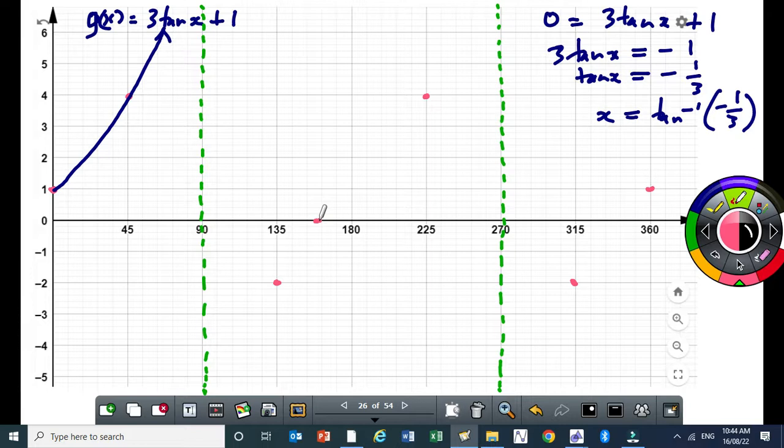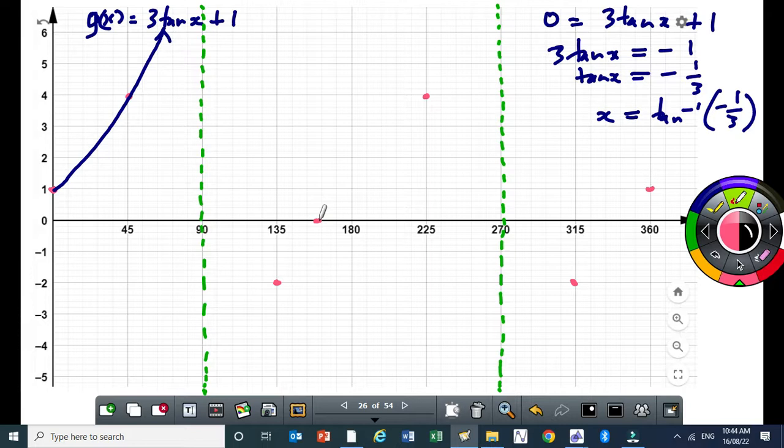So in this case, your calculator gave you a negative angle. Now, did I tell you about negative angles when I taught trig in term 2? Are you sure? Okay, I'll just tell you this.